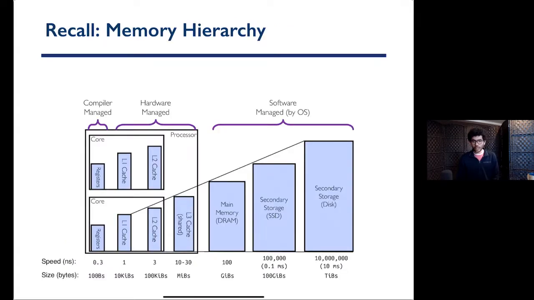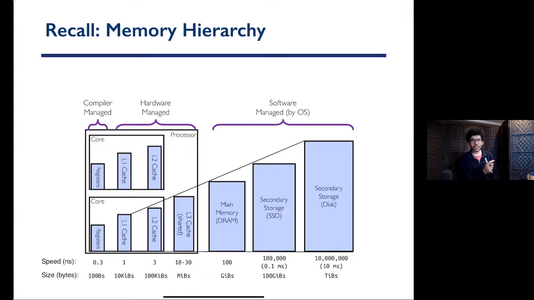Now, the idea is very similar to the data that we cache. We cache the data from memory in our caches. We can also cache the translations. So if I translate a single virtual page number to a physical page number, and I know this translation, I can save this in my cache.